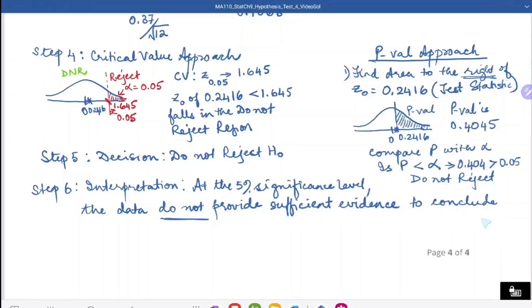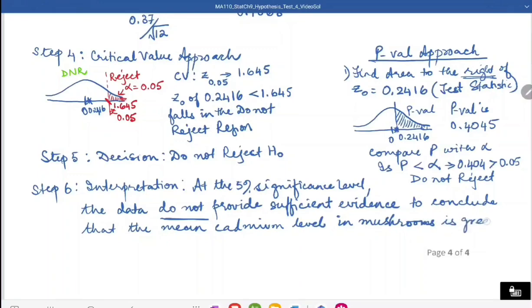Do not provide sufficient evidence to conclude that the mean cadmium level in mushrooms is greater than the government's limit of 0.5 ppm.